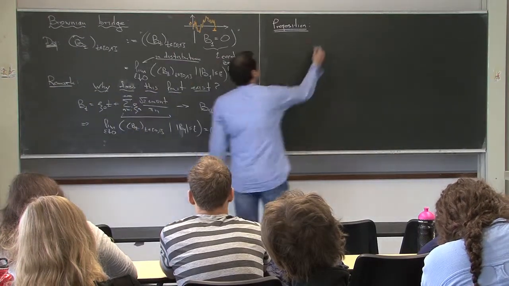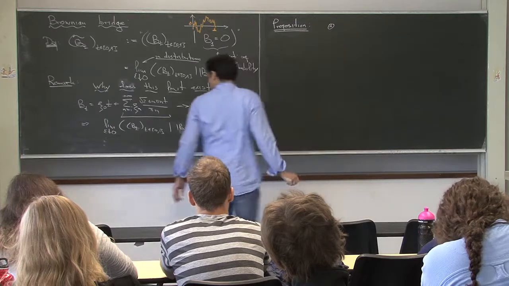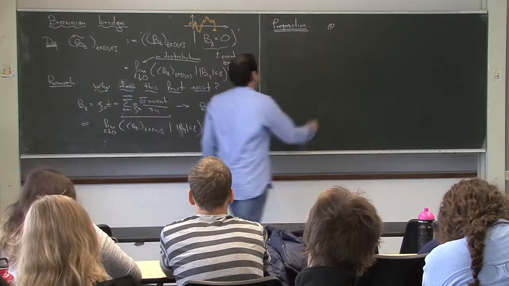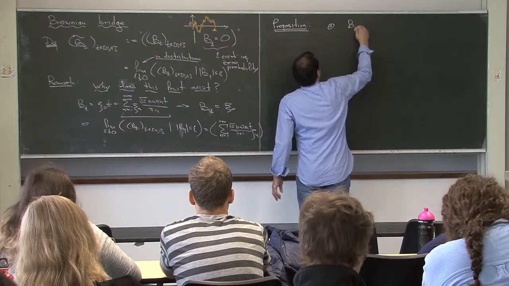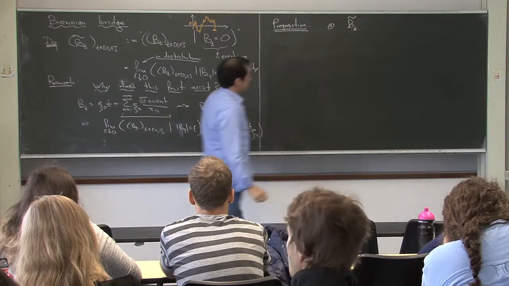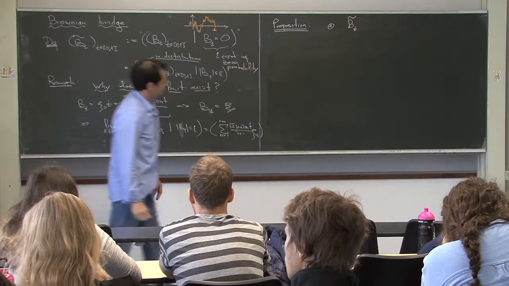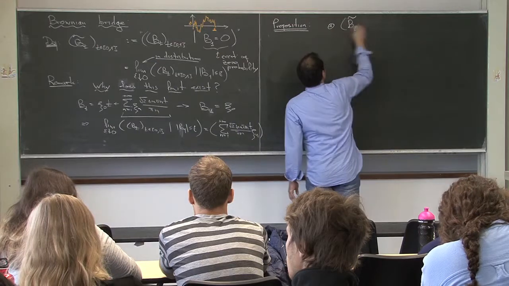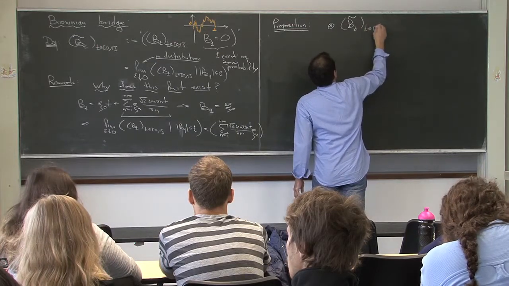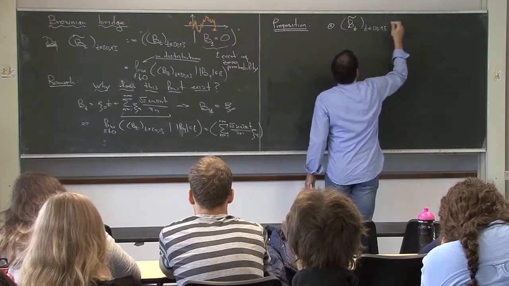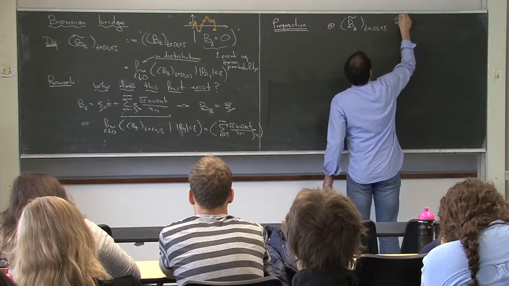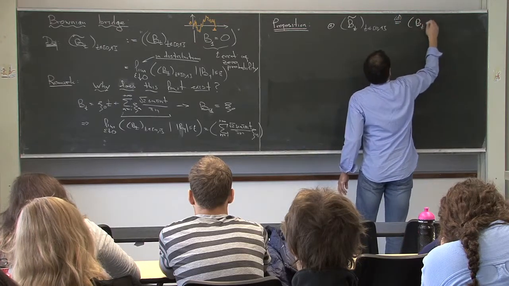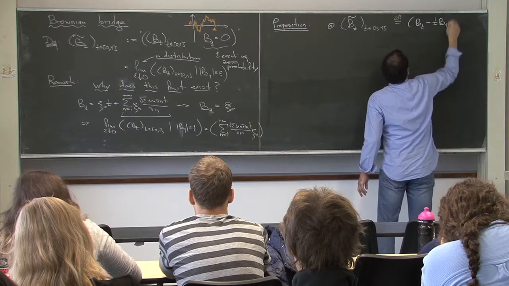The Brownian bridge is the same in law as B_t minus tB_1.